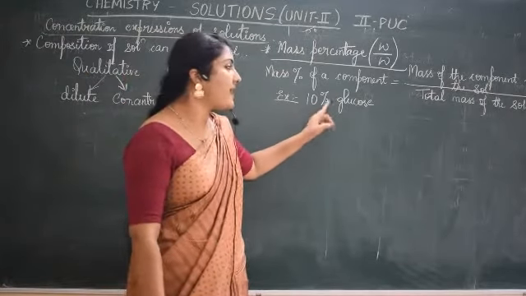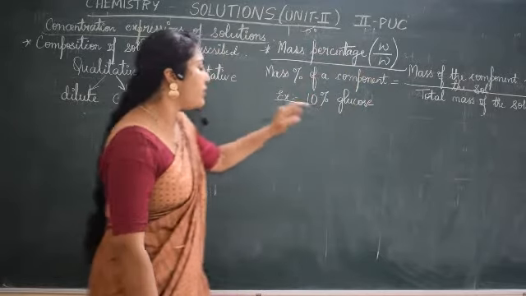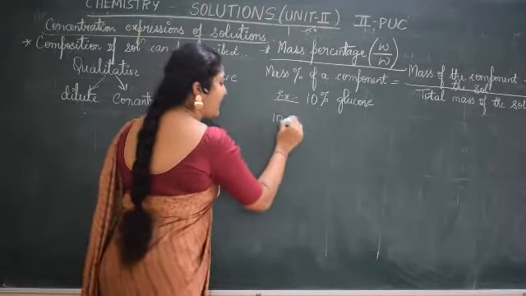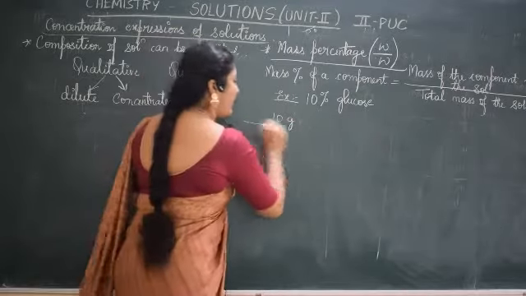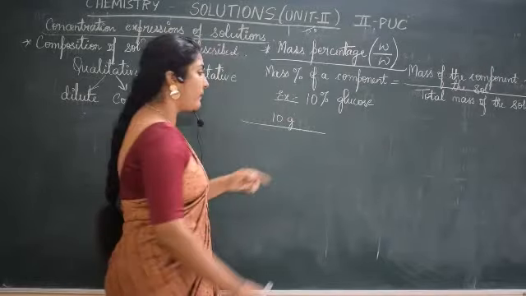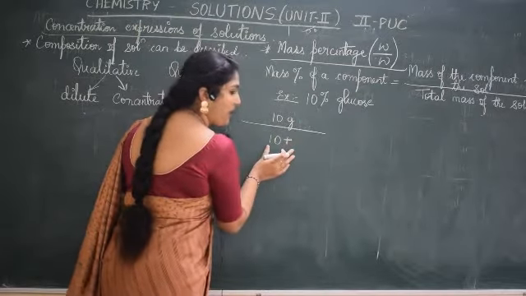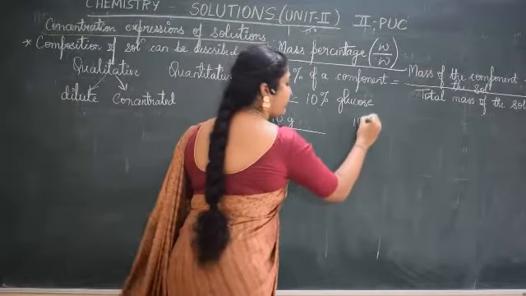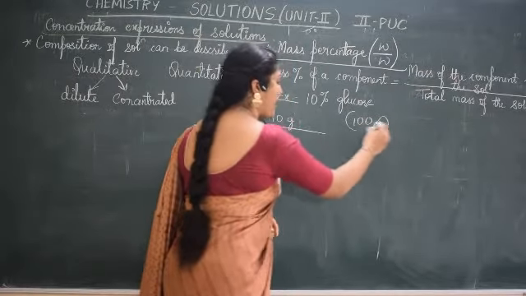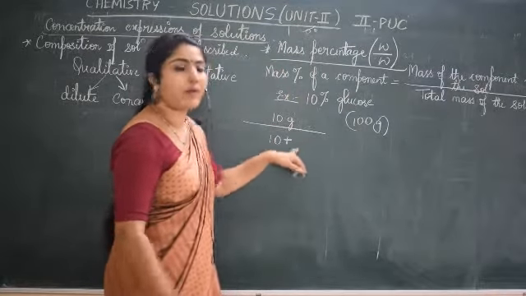It tells you that out of 100 gram of solution, 10 gram is glucose. Then what will be the remaining part of solvent?